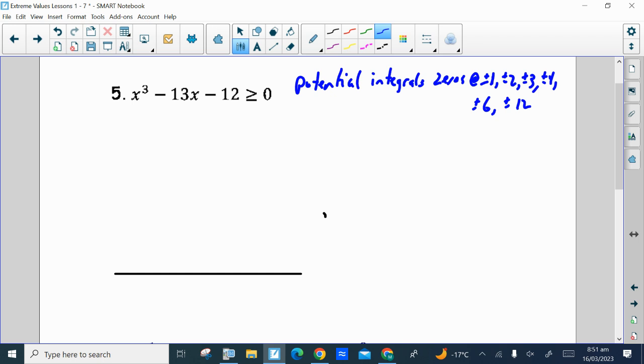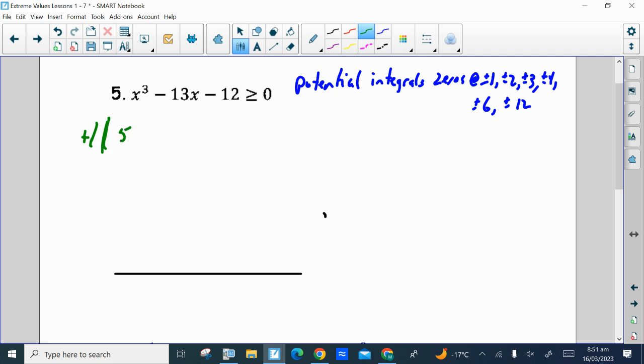So if we want to know if +1 is a 0 or an x-intercept, we can divide by x minus 1, because that's what the binomial would be that corresponds to an x-intercept of +1. But remember, we change it to x plus 1 so that we can add as we're going along using synthetic division.